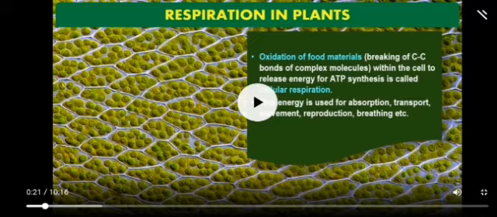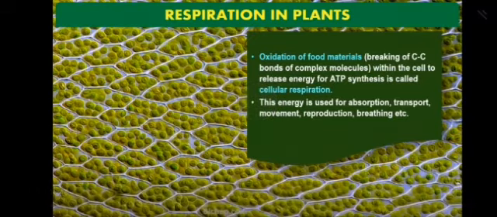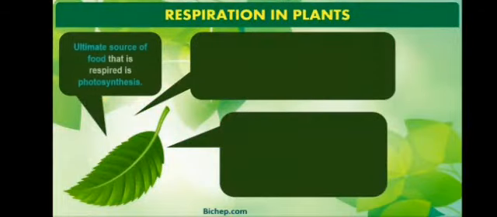Within the cell, when the carbon-carbon bonds are broken, or in other words, the oxidation or breakdown of food material takes place within a cell, for the release of energy in the form of ATP, it is called cellular respiration. That energy which is produced is used for absorption, transport, movement, reproduction, breathing, etc., different processes. This is known as respiration.